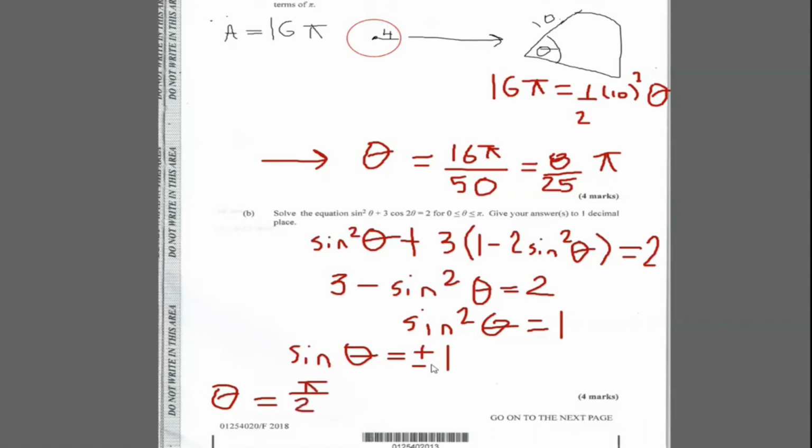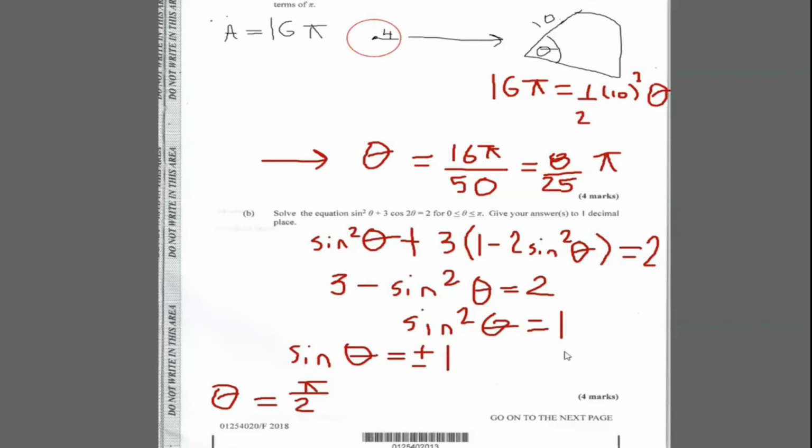Then it's going to be pi minus pi by 2 and pi plus pi by 2. But I'll just leave it right here, that theta is just pi by 2.